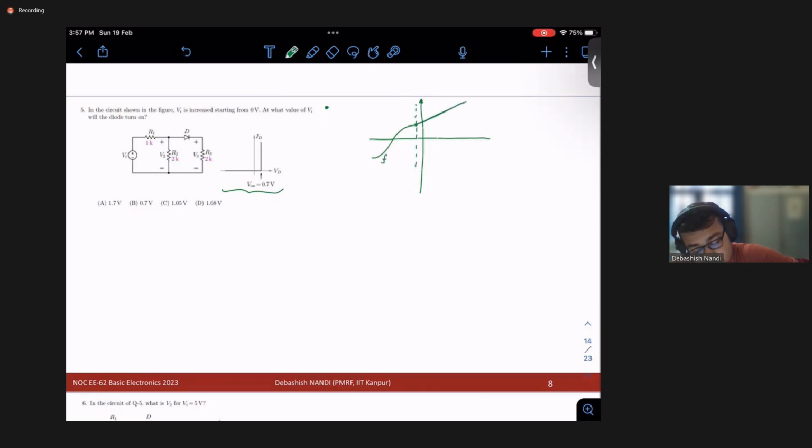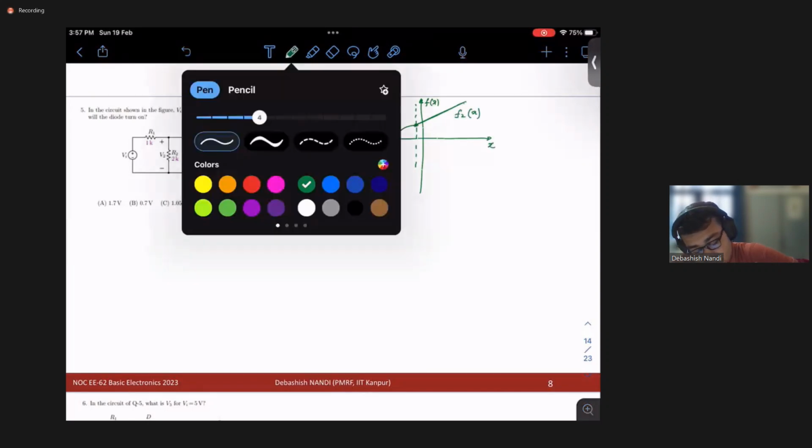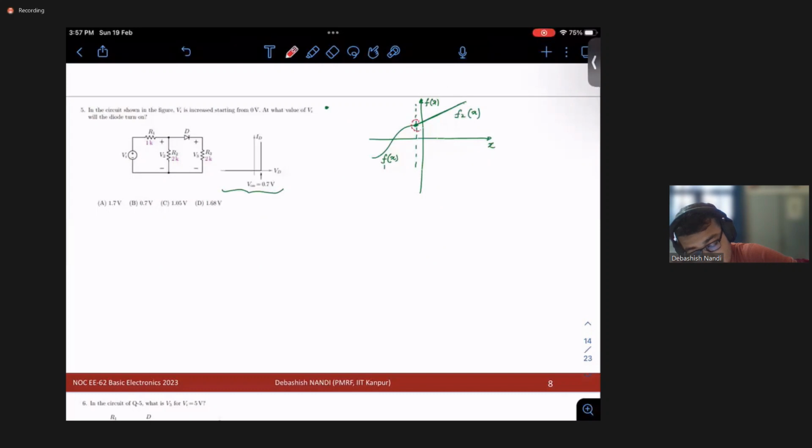This is f1 of x, this is f2 of x. So you may note that at this boundary, both this equation and this equation should be satisfied. Then only there will be a single point, because at this point this solution is also satisfying, this solution is also satisfying.